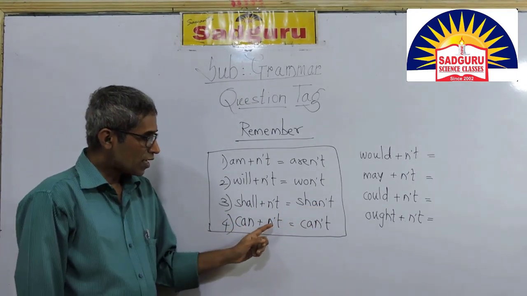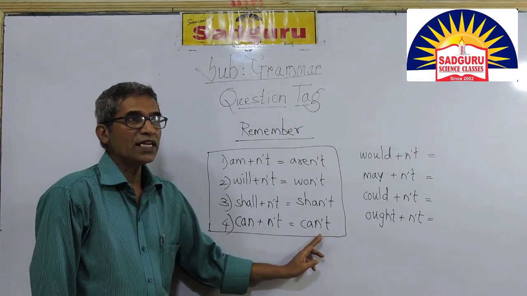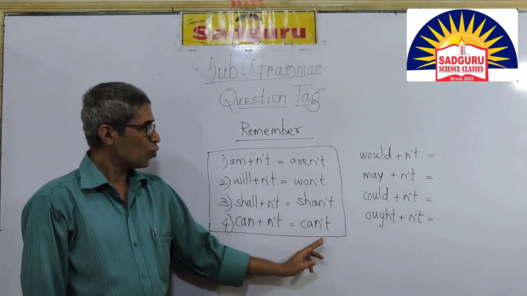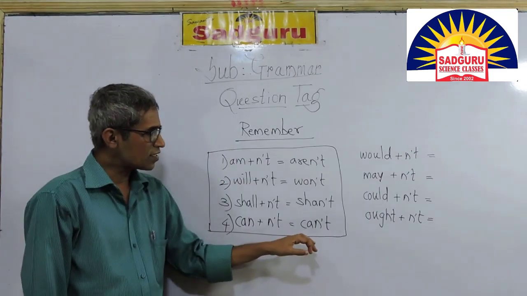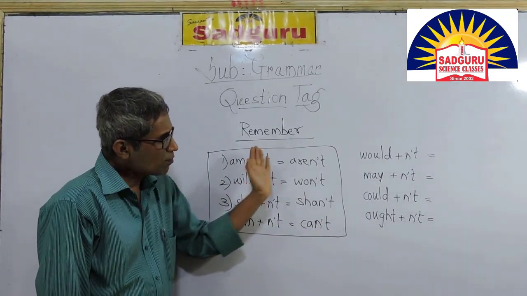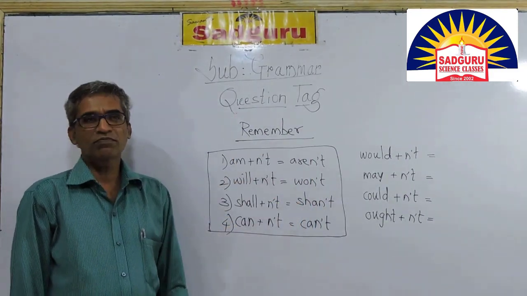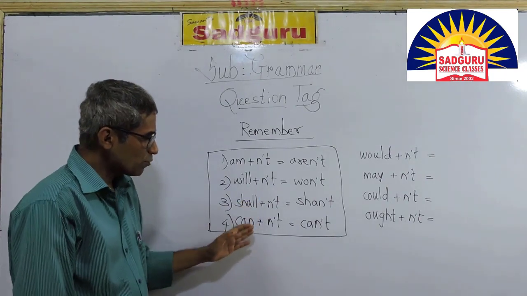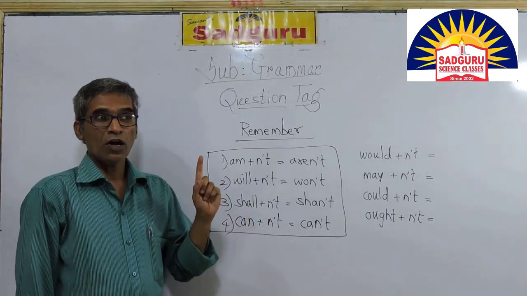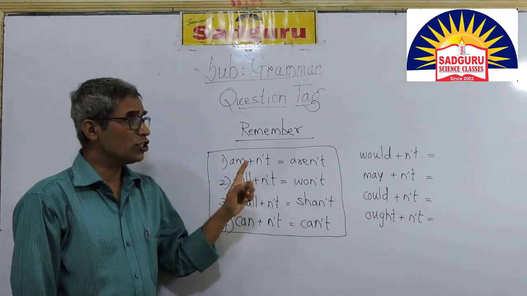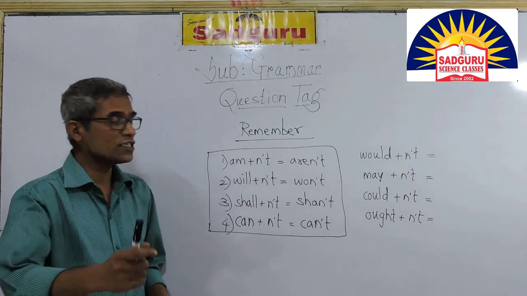Can combines with n't, but instead of two n's, only one n is kept. You can just see that these four auxiliaries become different when n't is added to them.